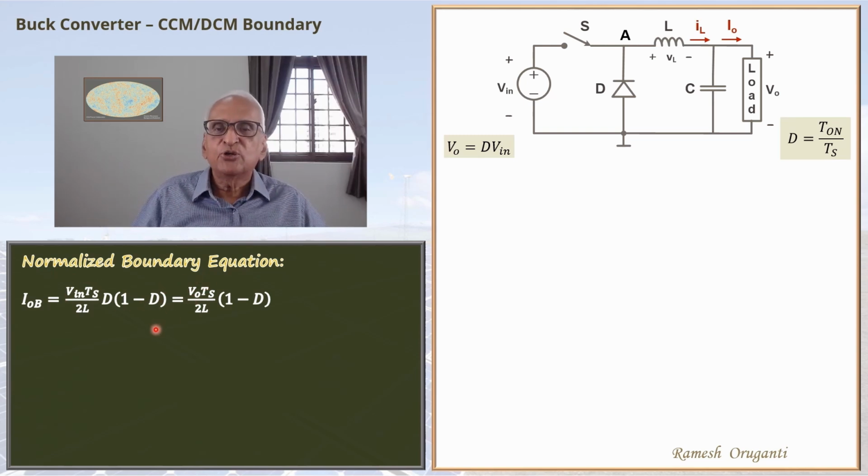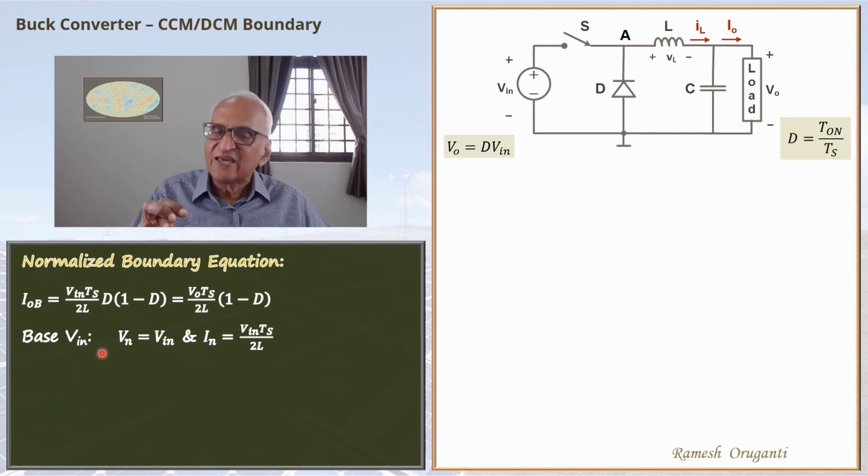In this video, we will use base Vin. We will use the voltage Vin as the base. It is kind of an obvious choice. You know the voltage, so I'll use that as a base. Using the output voltage as a base has certain advantages in many applications. We'll see that later in another video.